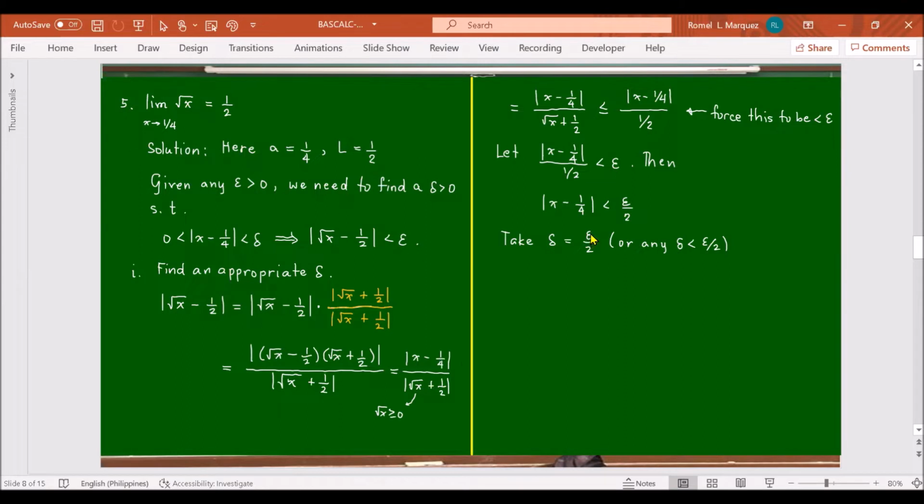If epsilon is 2, 2 over 2, delta is 1. And if I add delta to 1/4, 1/4 plus 1, then 1/4 minus 1, I will have an open interval that can contain values to the left of 0. And if x is to the left of 0, this radical is undefined. So we have to have another restriction for delta. So let's draw a number line to make sure what maximum delta we can take.